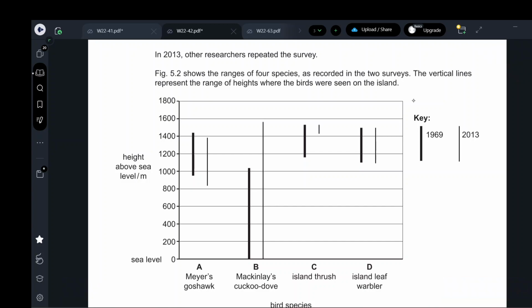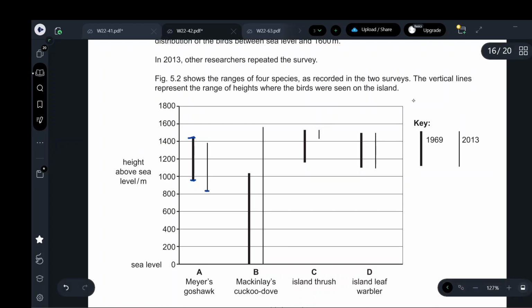Where is it found? Here, it was found from before 1,000 meters above sea level till 1,200, for example. Here, it's a little bit lower. Here, from sea level up until a little bit above 1,000. It is showing you where the birds are located above sea level.